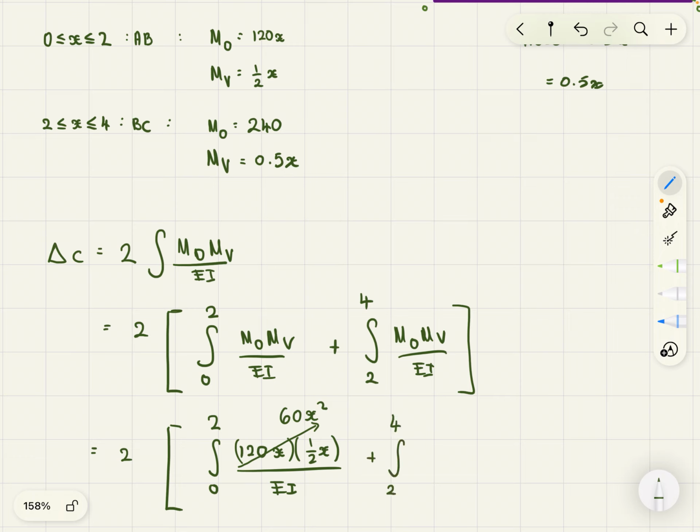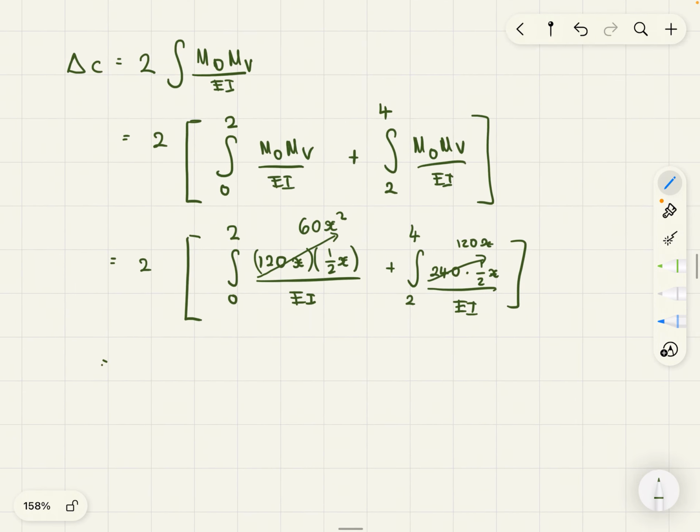Plus from 2 to 4, the real moment is 240, multiplied by the virtual force, half of x, 0.5, over EI. When you simplify this, you're going to get 120x. Okay. Now, simplifying further.